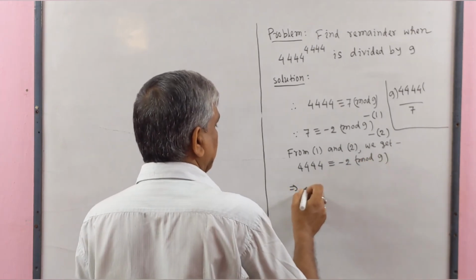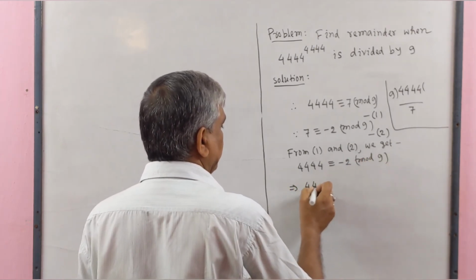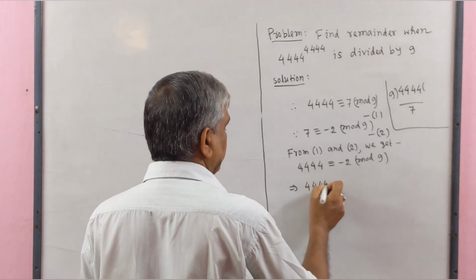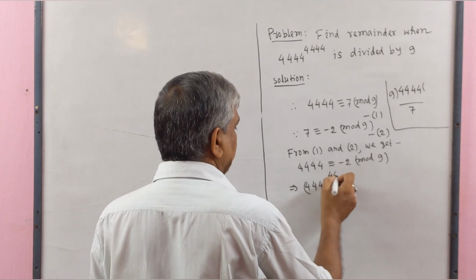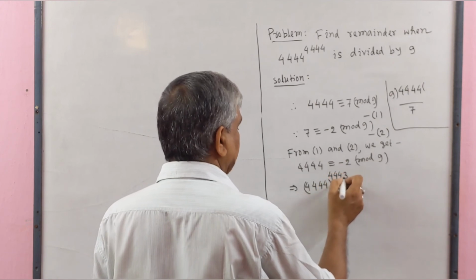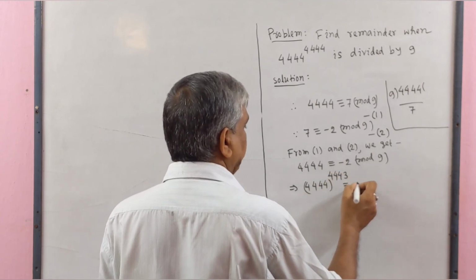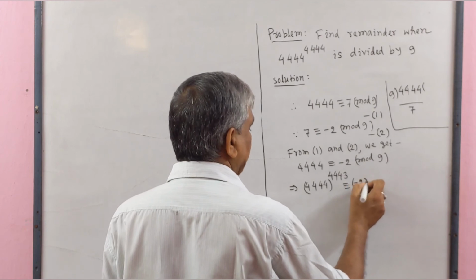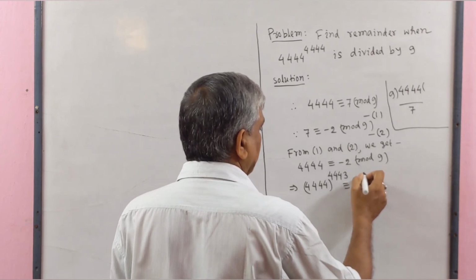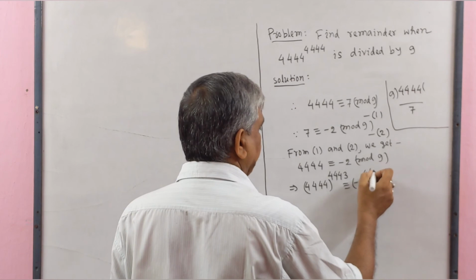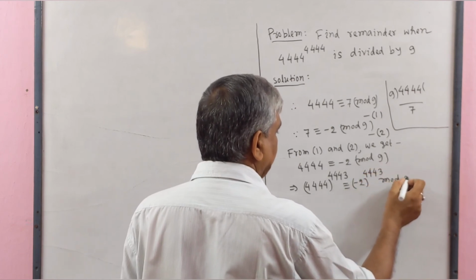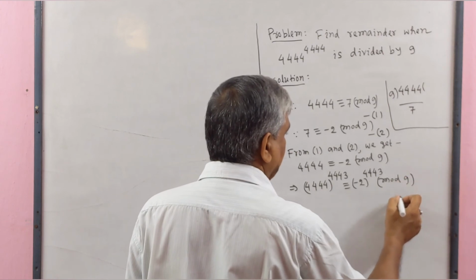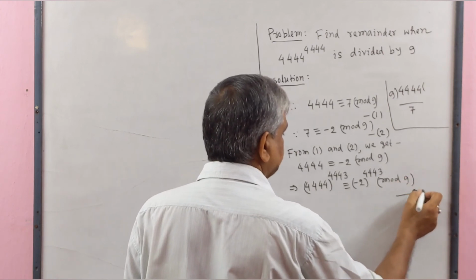This implies that 4444 to the power 4443 is congruent to -2 to the power 4443 modulo 9. This is number 3.